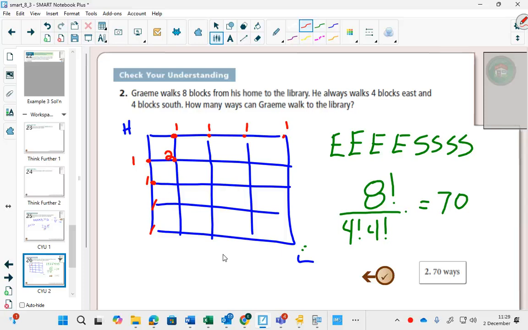Go over and down and over, and down, over, over. Do you agree that this is going to be 3? Similarly, this is going to be 3 as well. I'm going to fill in this one as 4, and this one is 5, and this one is 4, and this one is 5.